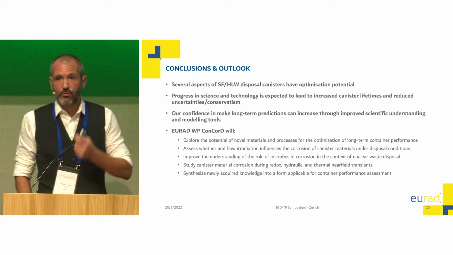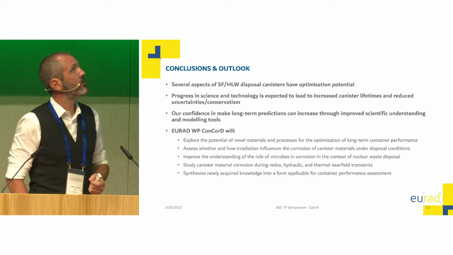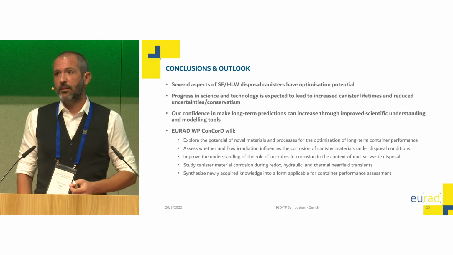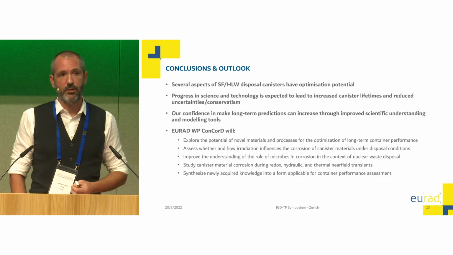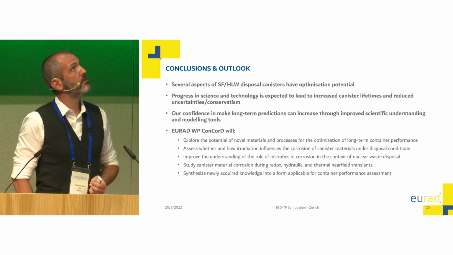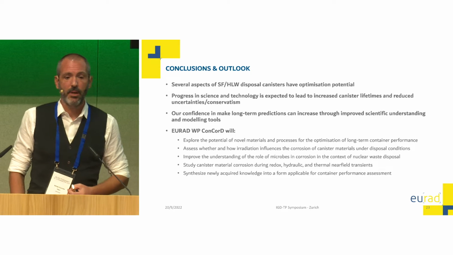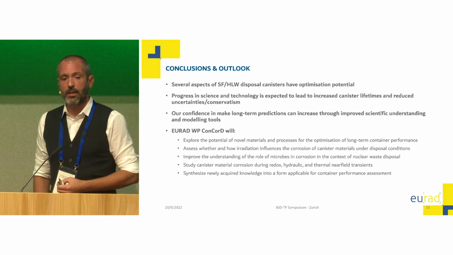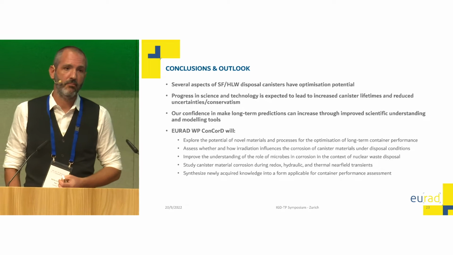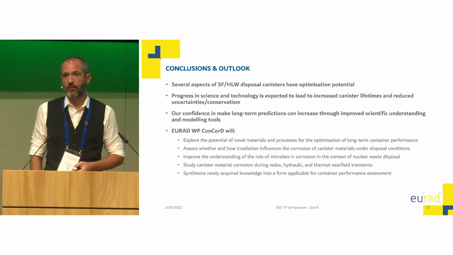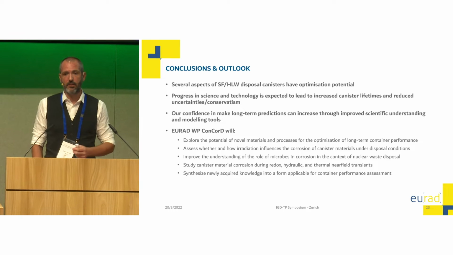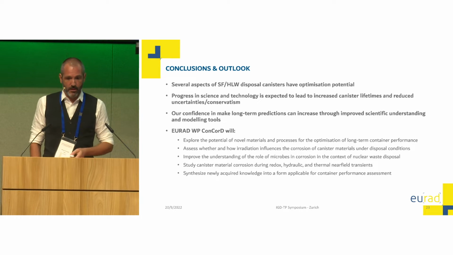Which brings me to the end of my talk. I think that there are several aspects of disposal canisters that have big potential for optimization, and I think we should start looking at this quite seriously. The canister is one of the components of the EBS that will benefit the most from the progress in science and technology in the coming years or decades until repository implementation.